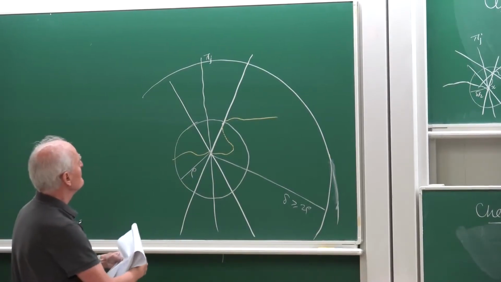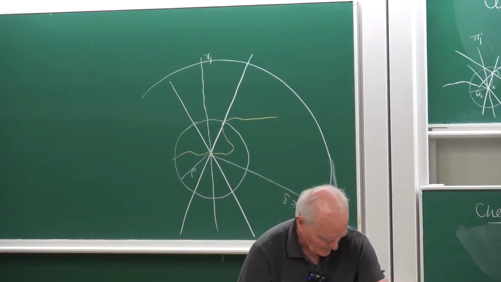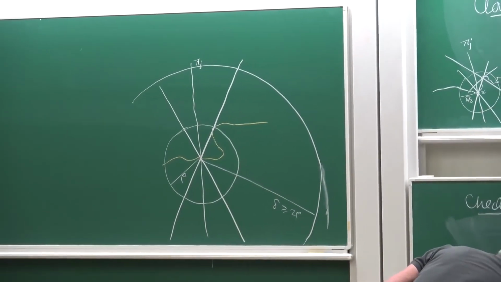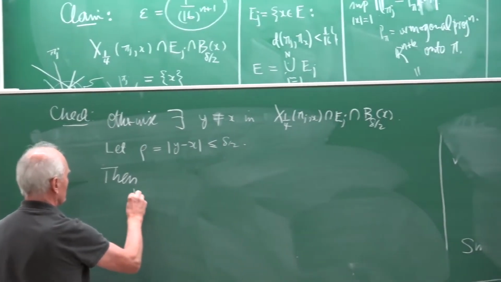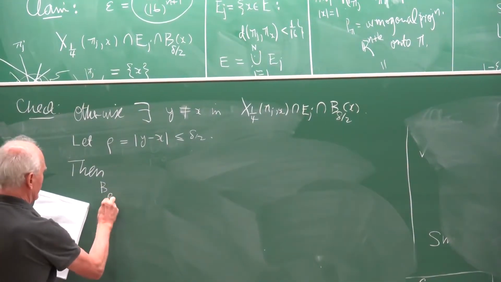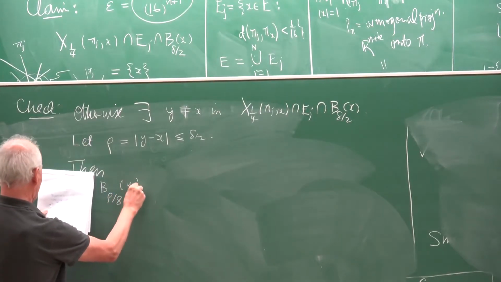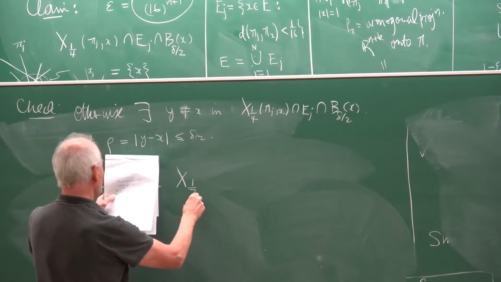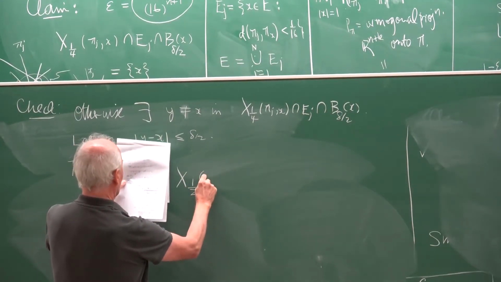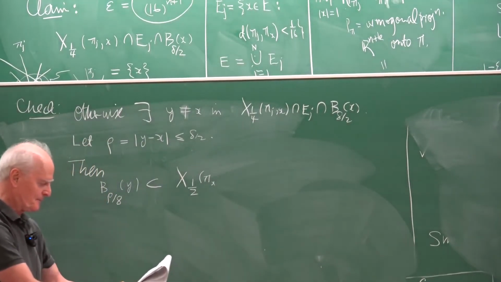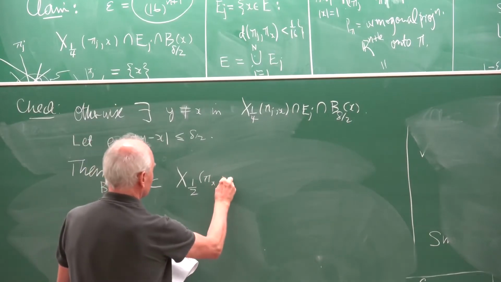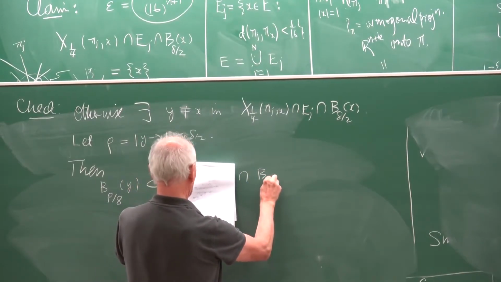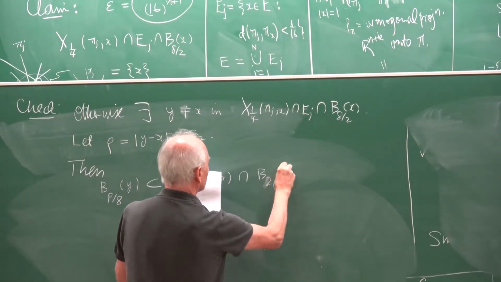Then the claim is that if that happens, then I'm claiming that the ball of radius rho over 8 centered at that point y is contained in the cone with angle alpha equals 1/2, pi x, x, notice not pi j, pi x, intersect the ball of radius 2 rho at x.